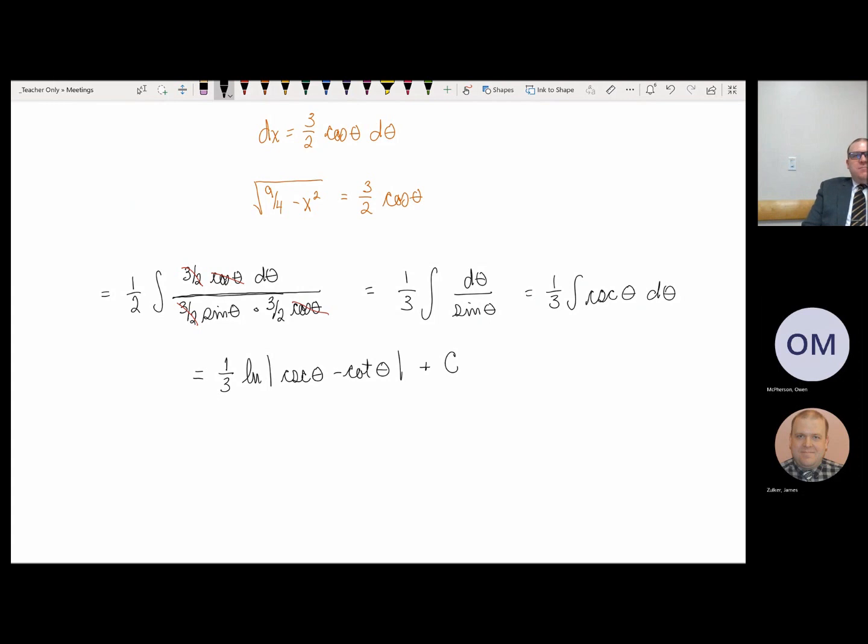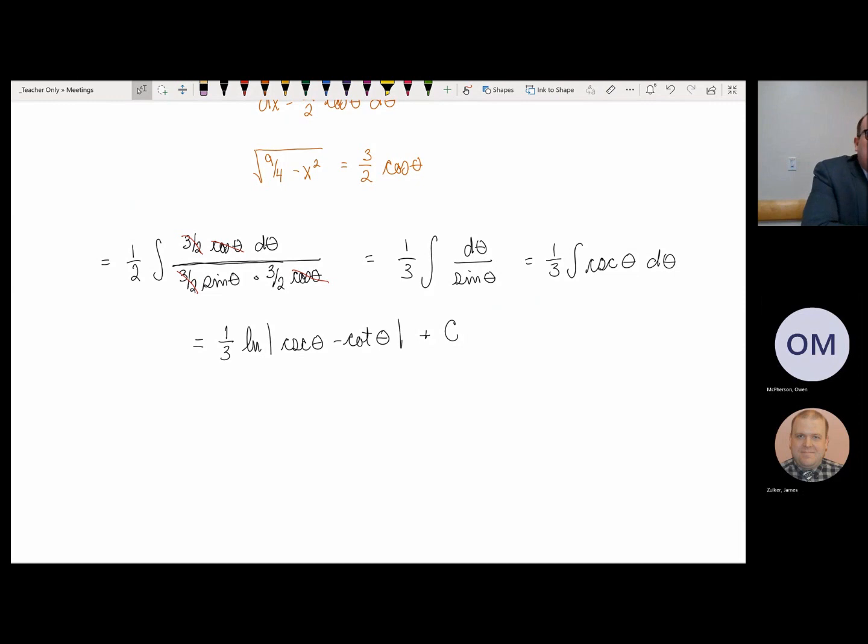Log of the absolute value cosecant minus cotangent. Then I have to do back substitution.